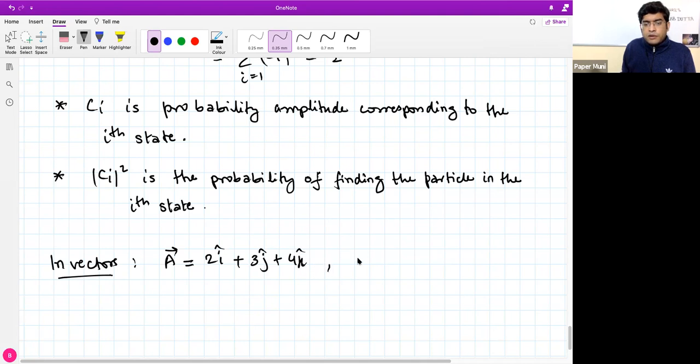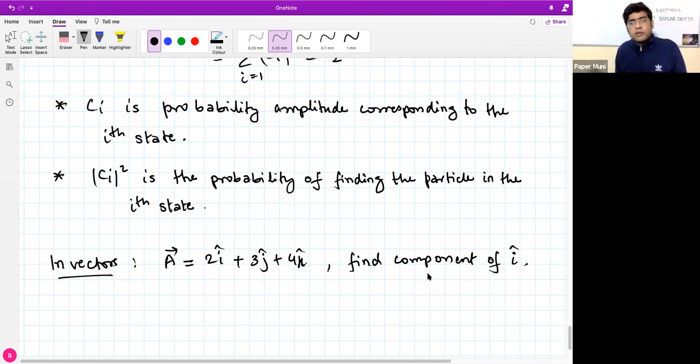Now, if I want you to find the component of i cap in A, how will you find it out? If I tell you that I want you to find what is the component of i cap in vector A, what will you do?